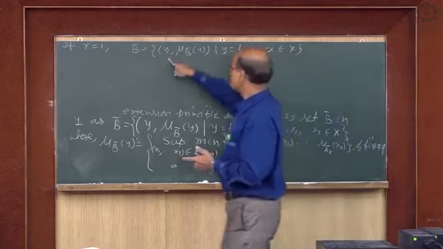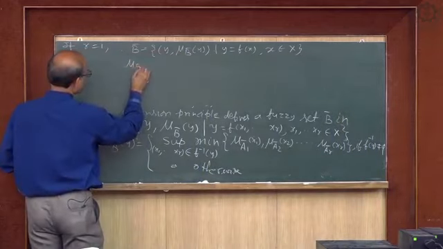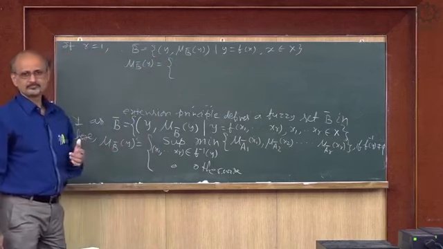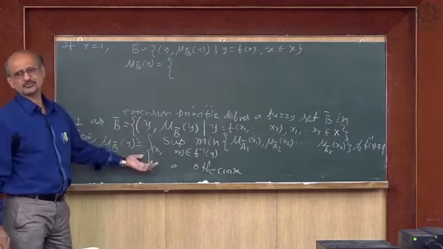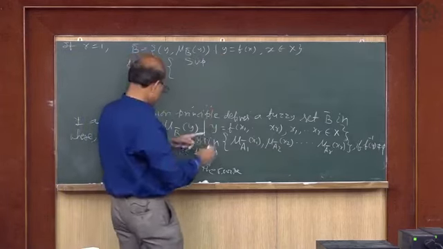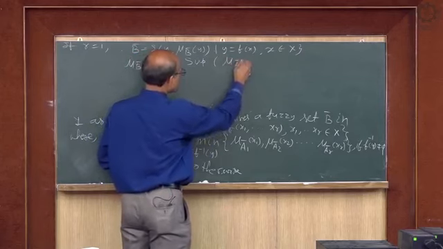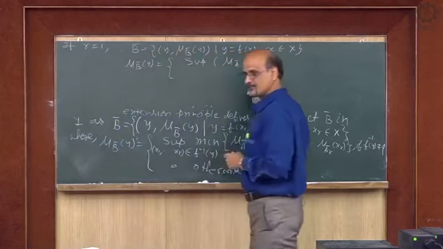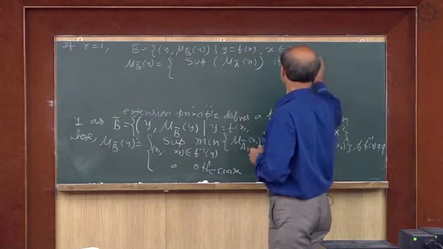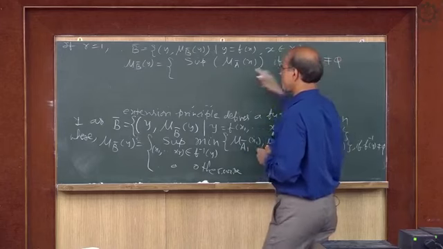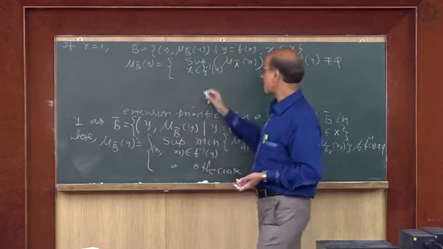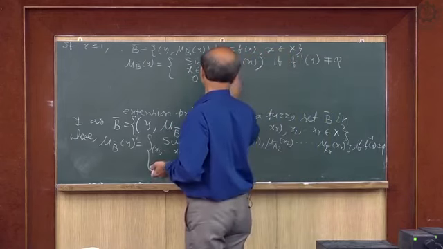Understood? Now this mu B bar y will be what? In this case only one set is there, so only the supremum of mu A bar x, if f inverse y is not equal to phi, with the sup over x belonging to f inverse y, and it is equal to 0 otherwise.